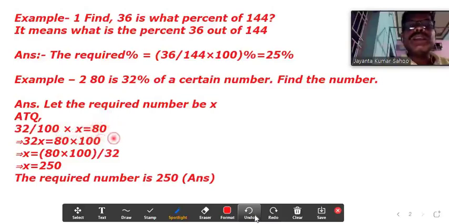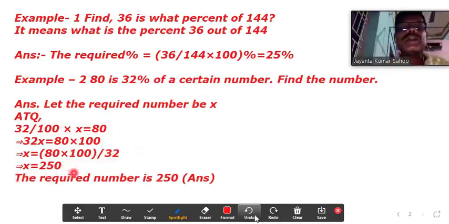So it implies 32x equals 80 into 100 by cross multiplication, which implies x equals 80 into 100, and since 32 is multiplying, it changes side to division, divided by 32, so x equals 250.